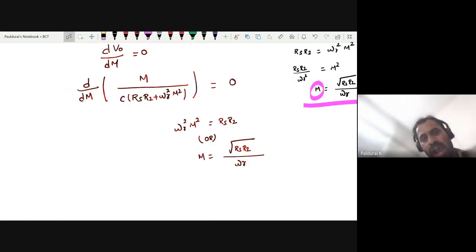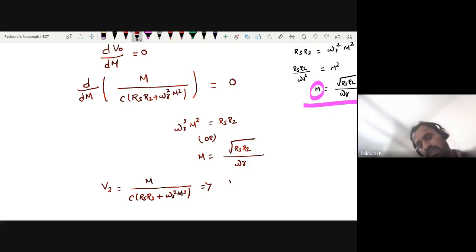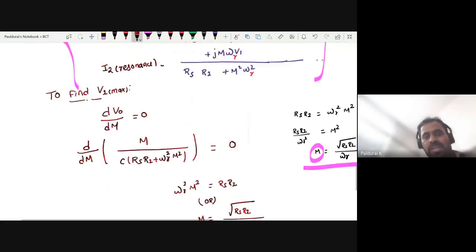So this is the condition. Now at this condition, what is the value for V2? V2 equals M divided by C times Rs R2 plus omega R squared M squared. Now substitute this M value here. From this, what is the maximum voltage gain? This is actually the voltage gain AV formula I took.